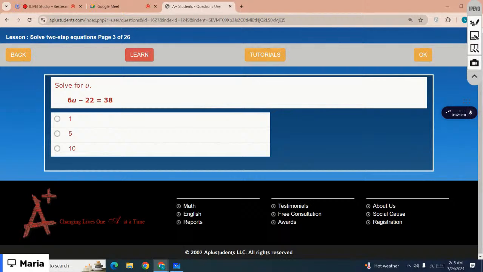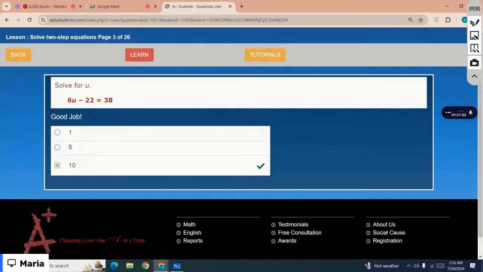Which is the correct option? Very good. u equals 10 is the correct option. Option number 3 is the correct one.